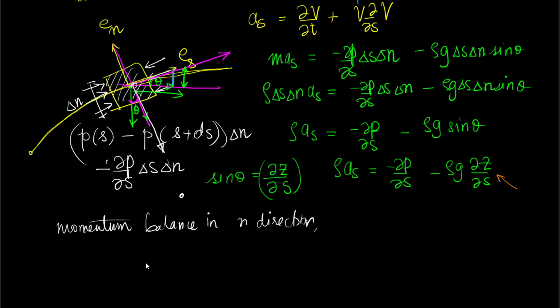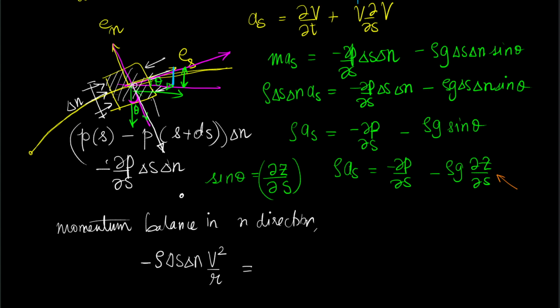So it will be minus rho delta s delta n, the mass of the element, times v square upon r. This will be equal to the force acting in the n direction.